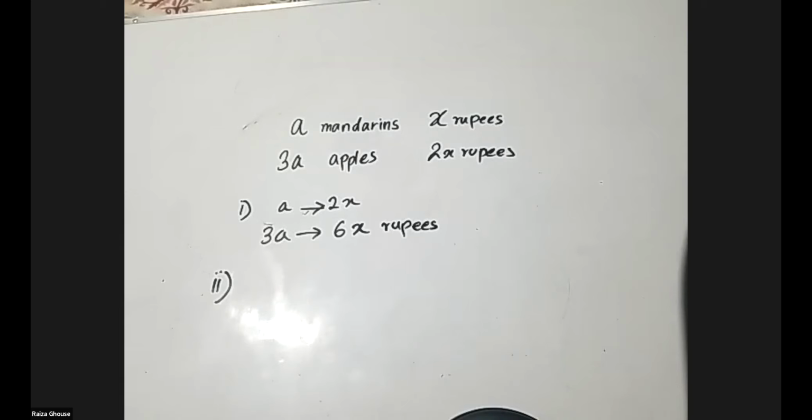The fruit seller states that if the number of apples bought is increased by 5 fruits, he is telling, you bought 3A apples, my son. If you increase by 5, then what is the value here? He has bought 3A apples.